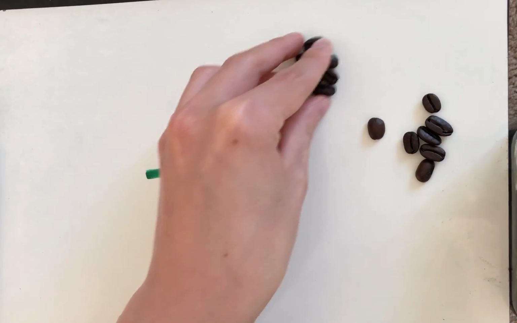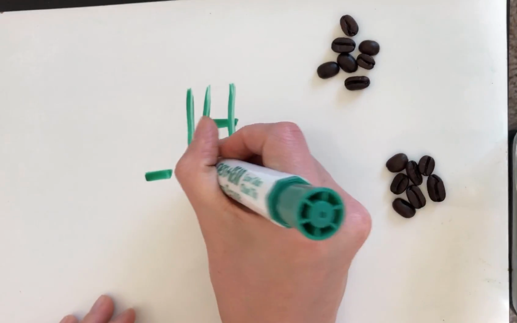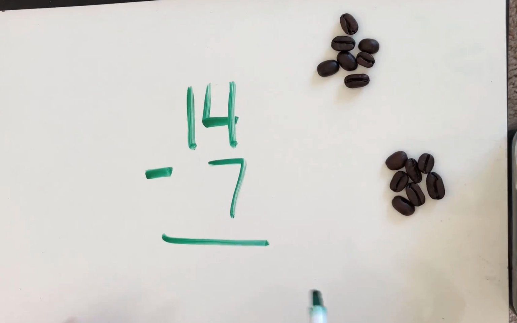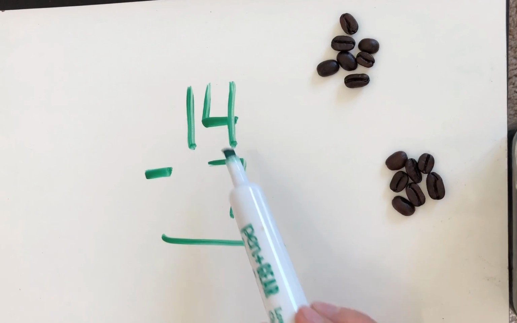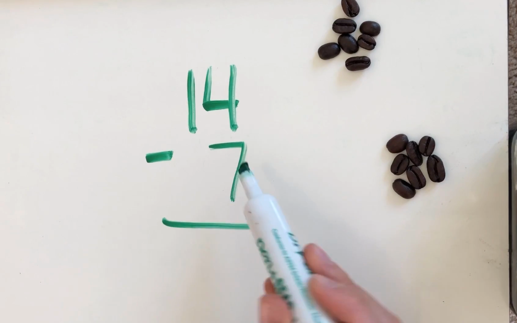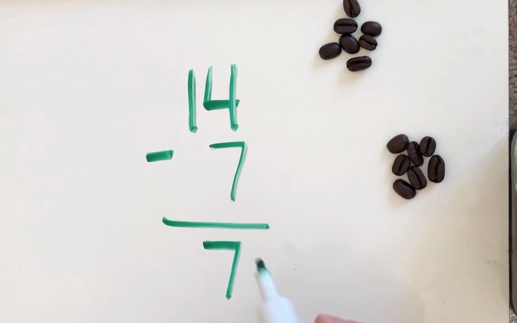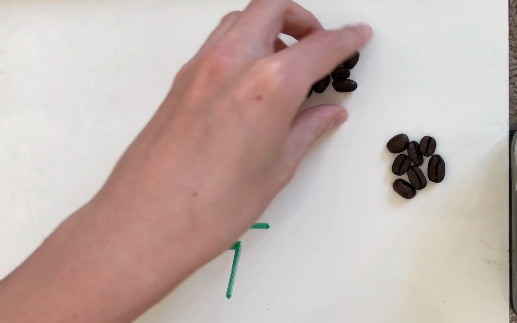Very good. Okay, so now I've split my beads in half, and we can test this theory right here. So if I had 14 and I subtracted 7, my difference, remember difference is the answer in a subtraction number, would also be 7. Because if you doubled 7, so if you doubled this amount, you would get 14.